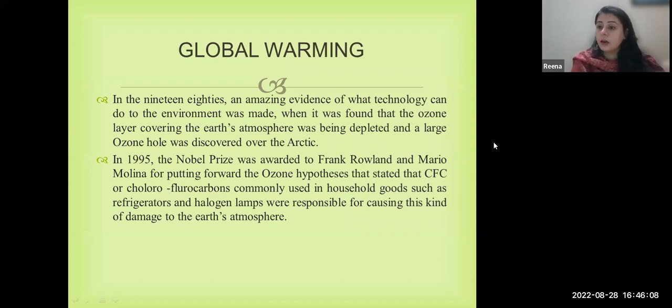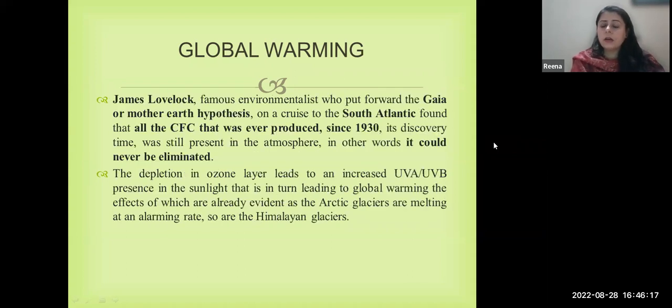That has already been banned, and now we are using alternatives to CFCs in our household items. So when we identify the reason for any environmental hazard, we also have technology which can be an alternative to that hazard-causing reason.